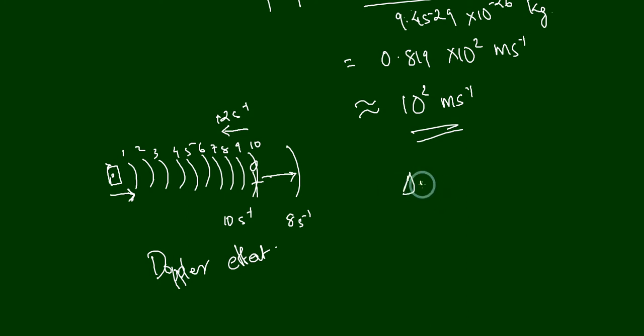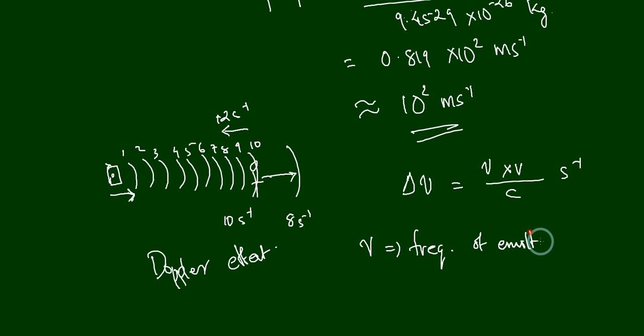This shifted frequency, that is the Doppler shifted frequency delta nu, is equal to nu into V divided by C hertz, or per second, where nu is the frequency of the emitted radiation.